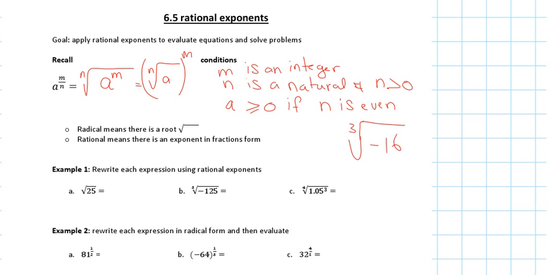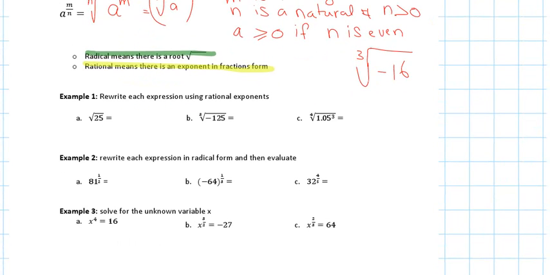Okay. So, the question will be asking you to either write it in rational or radical. You have to understand the difference between the two. Radical means root, and rational means exponent with a fraction. Let's see this. Can you write this as a rational exponent?